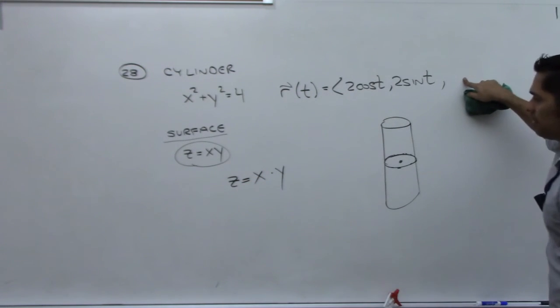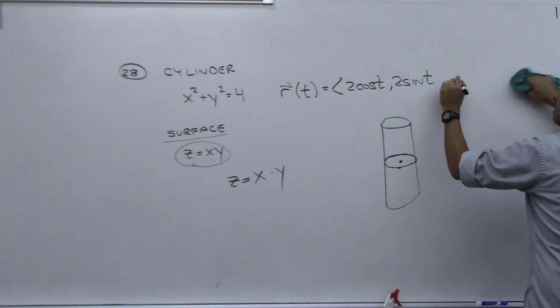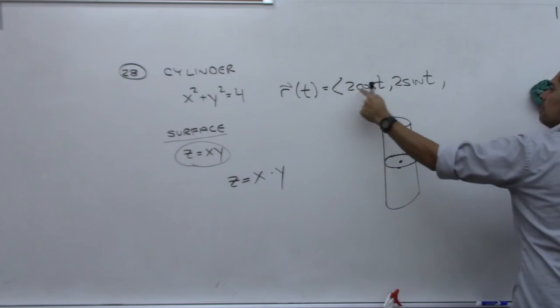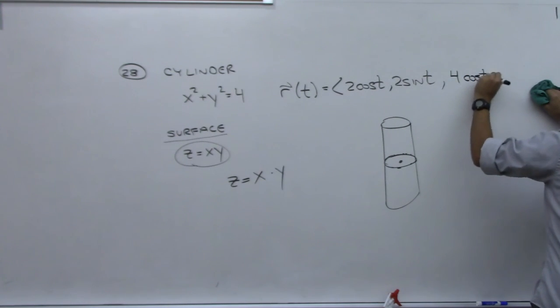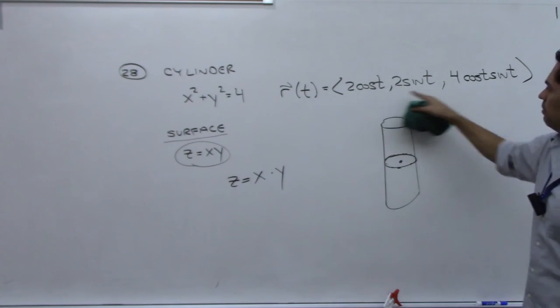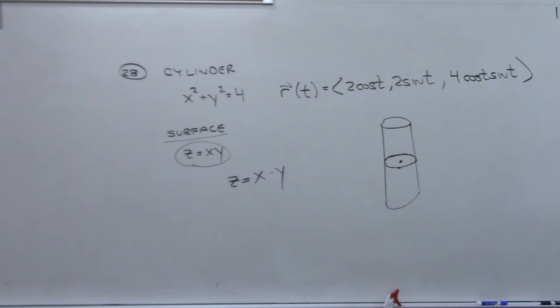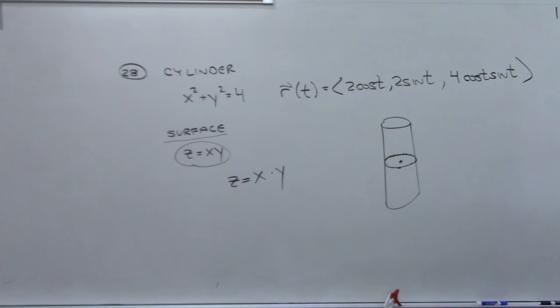So my z value here must be equal to my x value times my y value. So it should be this times this, 4 cosine t sine t. Just multiply those two together. If we sketch this, it should be the intersection of those two surfaces.